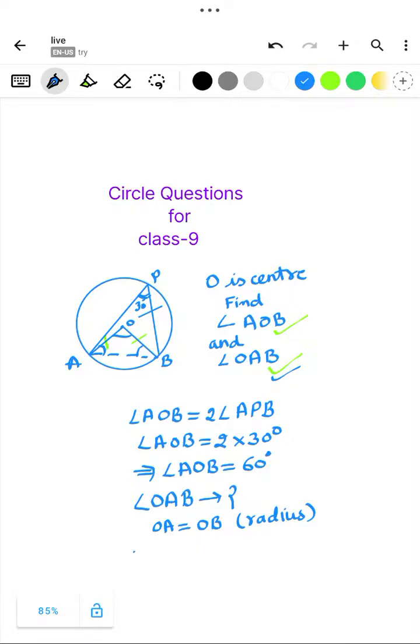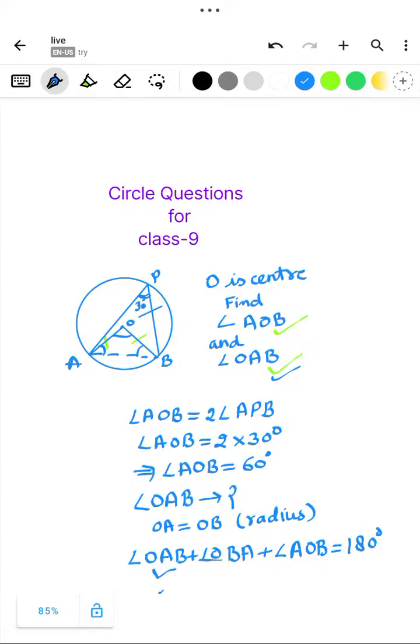So we can write angle OAB plus angle OBA plus angle AOB is equal to 180 degree by angle sum property. Now we know angle OAB is equal to angle OBA.